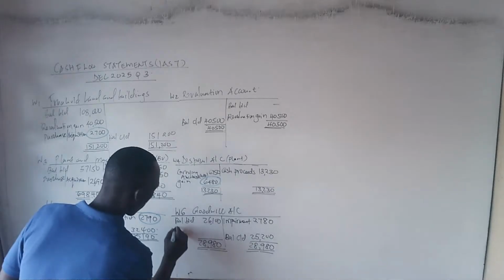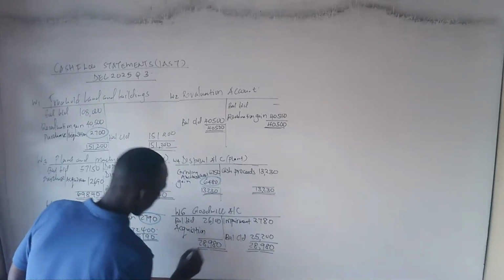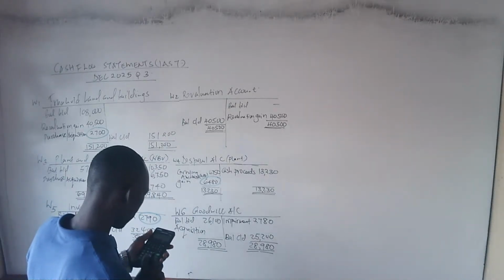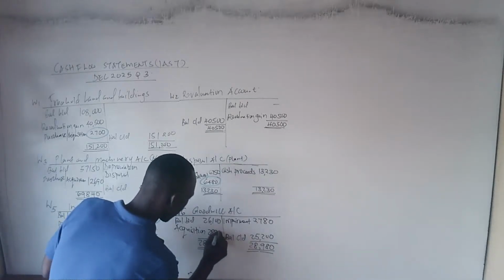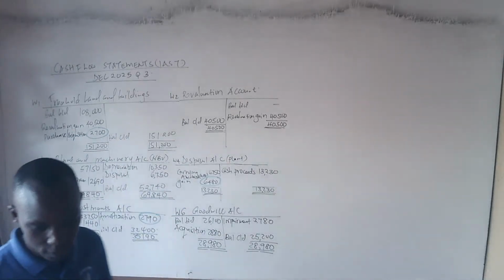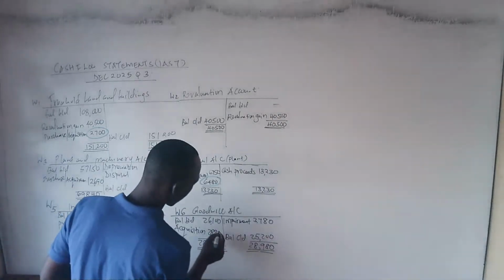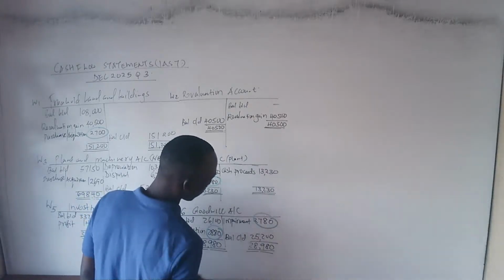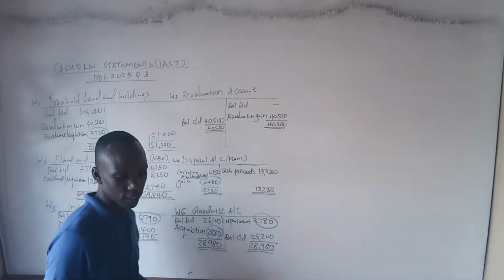Then we have the purchase, or what we call the acquisition, the difference, minus 26,100. So we have acquisition of 2,880. This acquisition will go to the investing activities cash flows, and this impairment will go to the adjustments of operating activities cash flow.